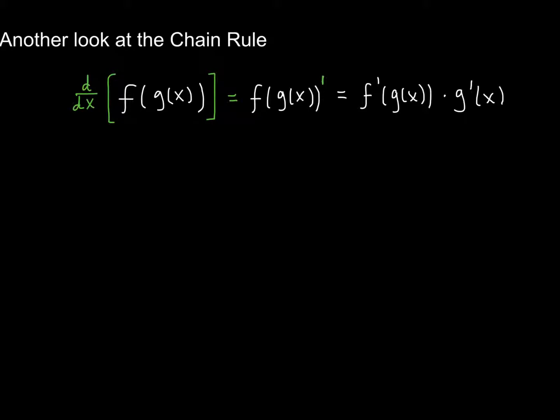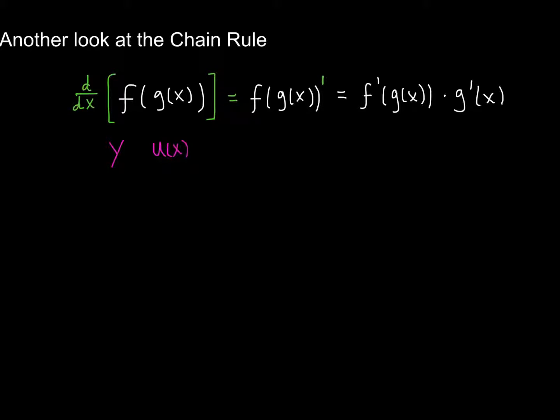So to do so, let's rename our functions f and g. Let's think of f as being the function y, and y happens to be written in terms of another function of x, in other words, u. So we have y, and it's written in terms of u, and u is a function of x. Now, if I want dy/dx, I need to take the derivative of y with respect to u, and also the derivative of u with respect to x.